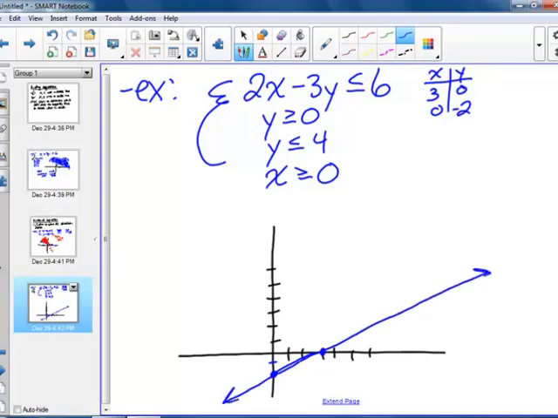So I'm going to test (0, 0) now. 2 times 0 minus 3 times 0, is that less than or equal to 6? Is 0 less than or equal to 6? Yes. So I should be going up.